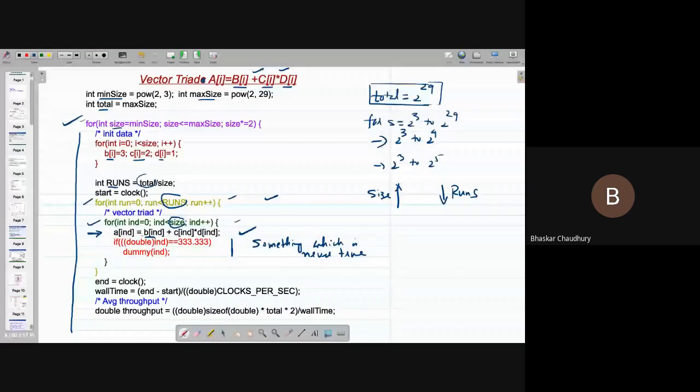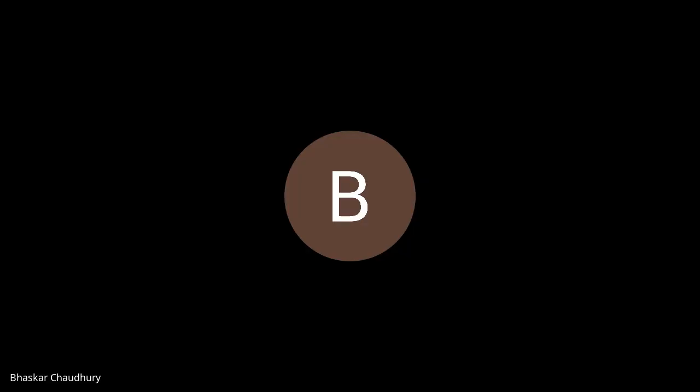So it will not even do it several times. It will just do it once and get out of the loop. So just to force the compiler to really complete this total time, so that you run both the loops completely, we put a function here and put a condition which is never true. That will force the compiler to really run it the expected number of times, the number of times we really want to run both these loops.